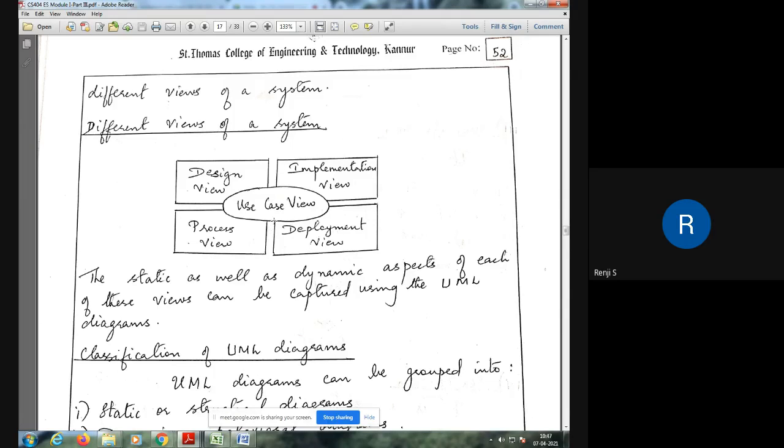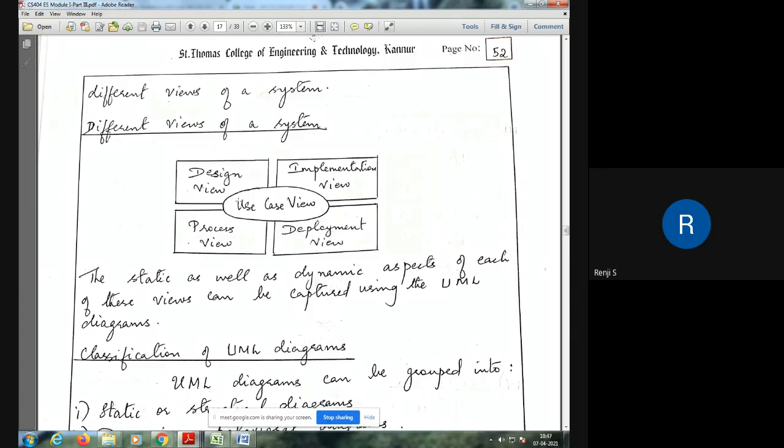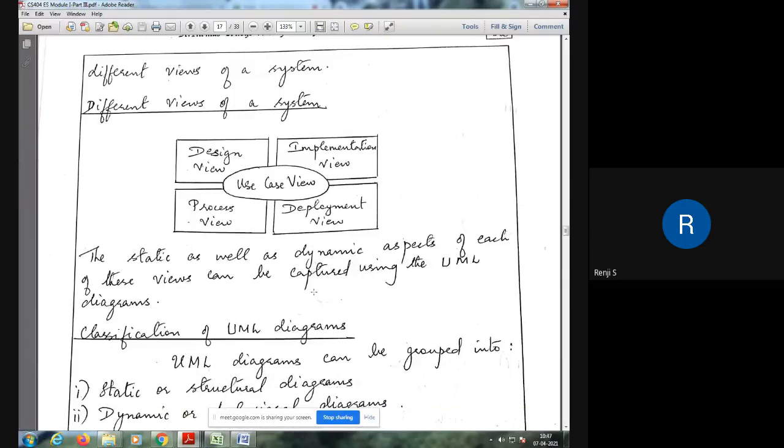For a software also, we have different views, as shown in this diagram. That is, you have the process view, design view, implementation view, deployment view, and use case view. And to visualize these views, we use the UML diagrams.